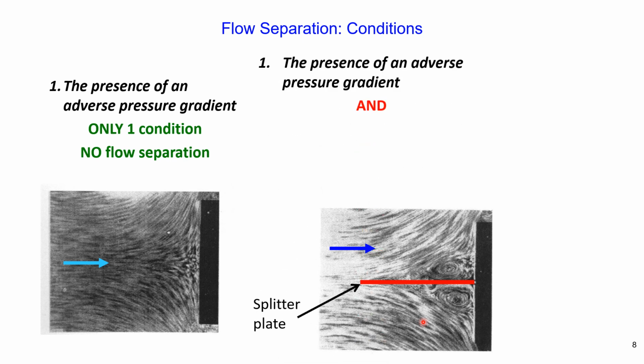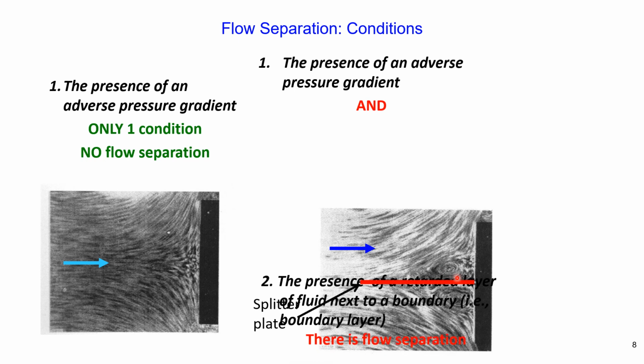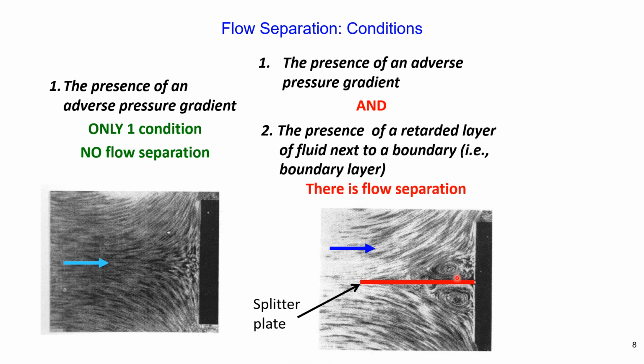First of all, we also have the presence of the adverse pressure gradient or positive pressure gradient along the flow. In addition, we also have the presence of a retarded layer of fluid next to a solid boundary, which is our splitter plate. So we have boundary layer development on both sides of the splitter plate, and therefore, because we have two conditions, we have flow separation in this case.